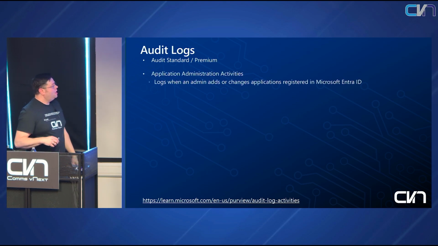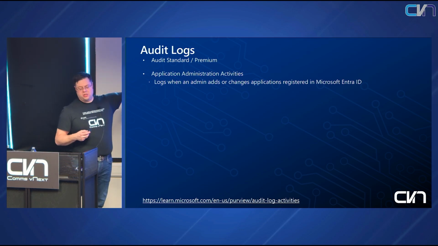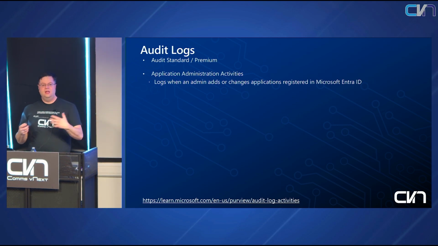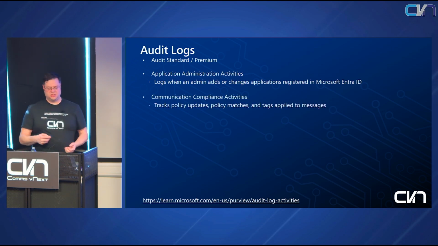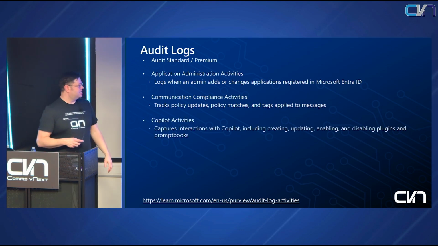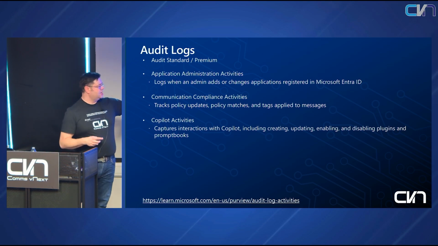right? What the audit log contains is a log of the application administration activities. So when an admin does something in Entra ID, it keeps a record of that. When a new group's added or when a permission's changed or a policy is changed, that sort of stuff goes up against there. When policies are updated, tags are applied to messages, etc. Interactions inside Copilot, so adding, disabling plugins, prompt books.